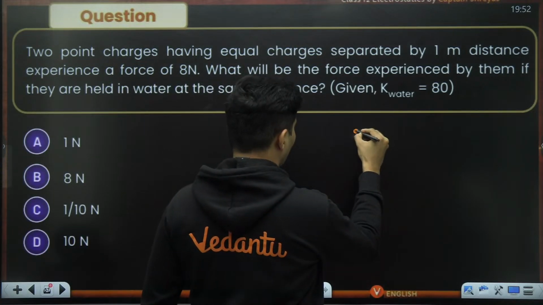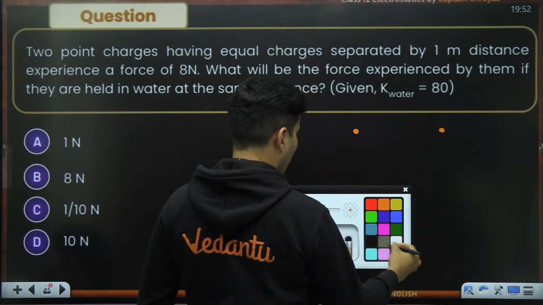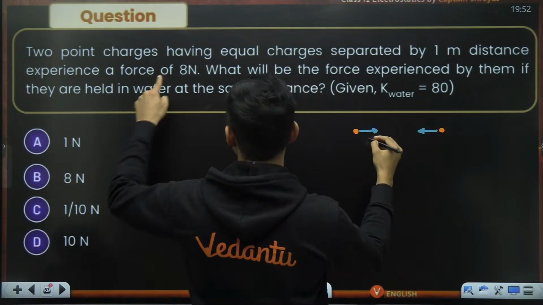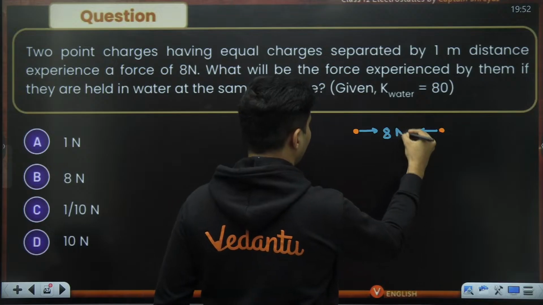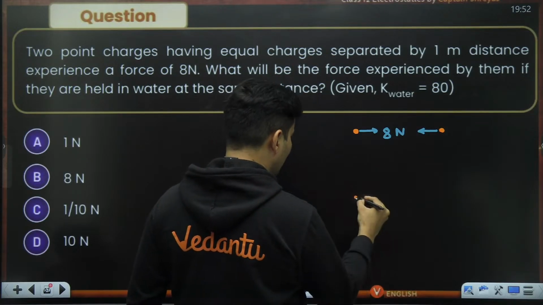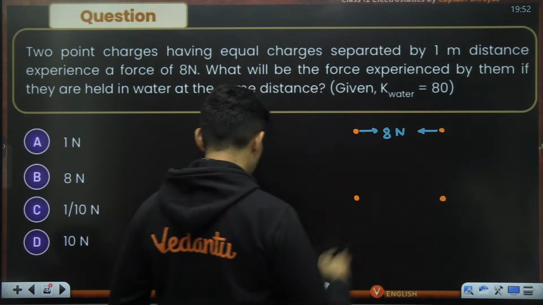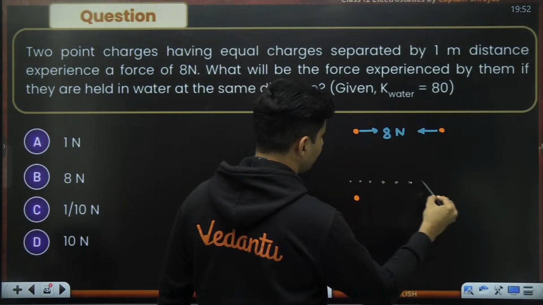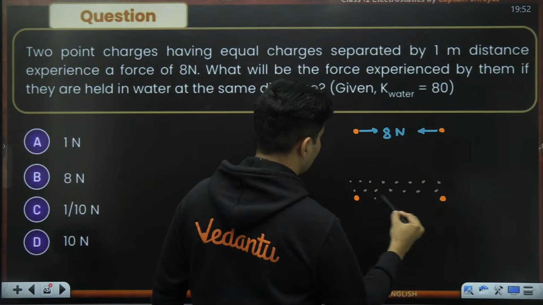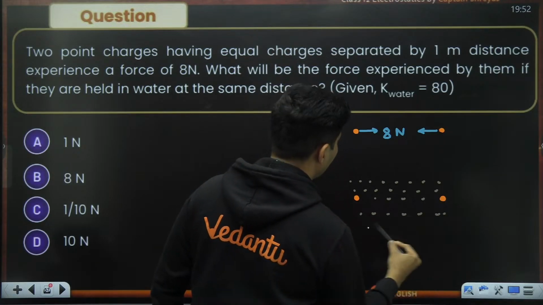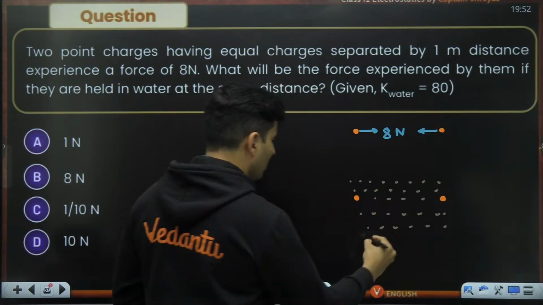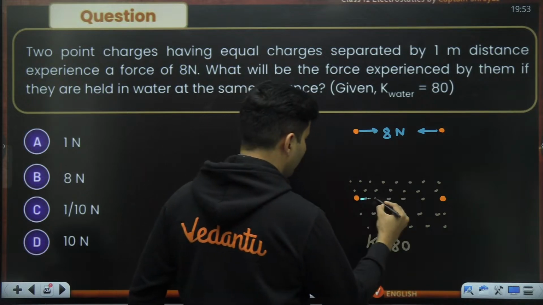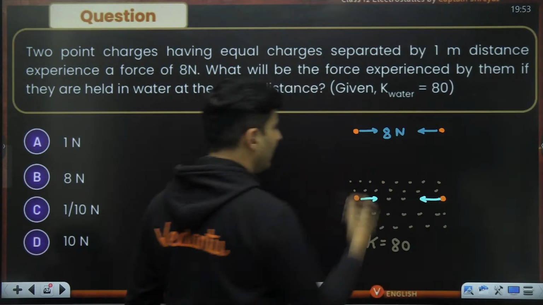Imagine there are two charges and the force between them is 8 Newton. Now you take those same charges, same distance, but now it is in some medium, some water, whose dielectric constant is given to be, let's say, 80. This force will no longer be 8 Newton.